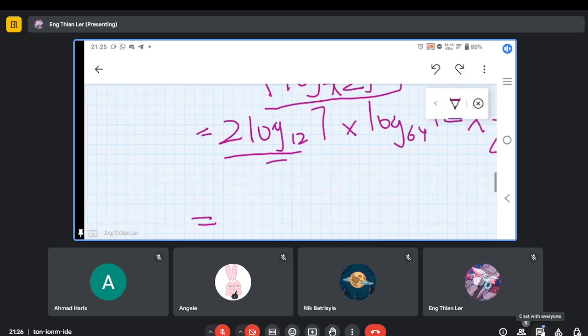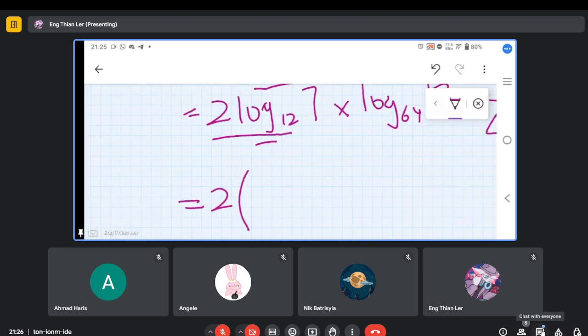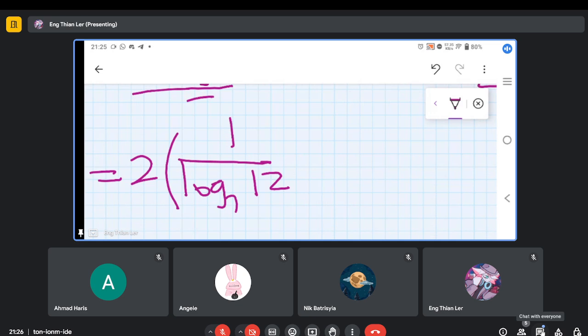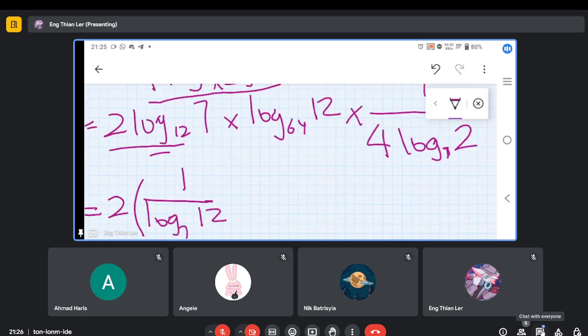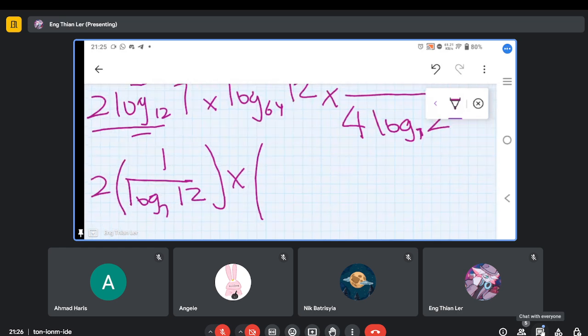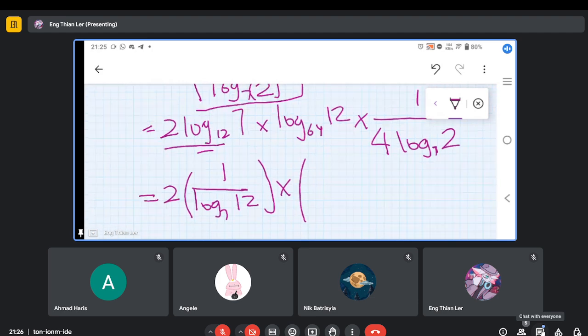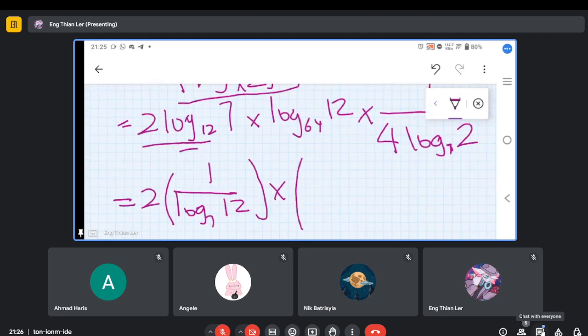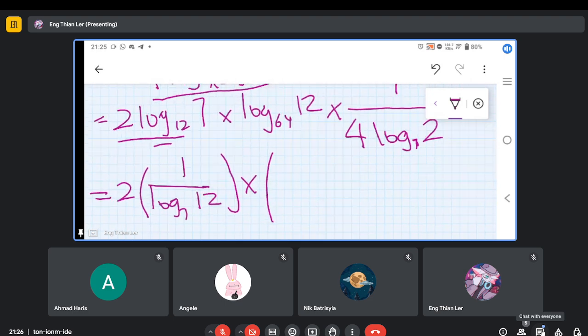So let's do this. 2 multiply by 1 over what? This is log 7. This becomes 12. Okay. So now this also we need 64. We also do the same thing. Never mind, we do first.